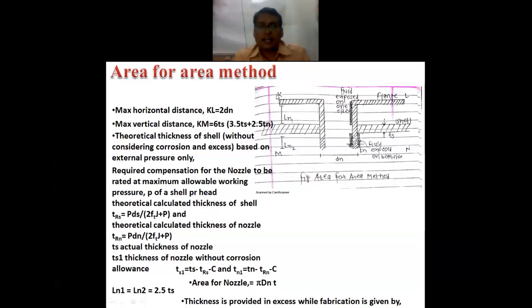Then the maximum vertical distance, Km, is equal to 6 times the shell thickness, Ts is the shell thickness, into bracket 3.5 times the shell thickness plus 2.5 times the nozzle thickness. Ts is the theoretical thickness of a shell without considering corrosion and excess, based on external pressure only.